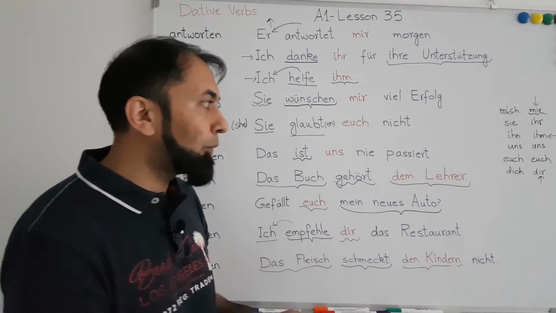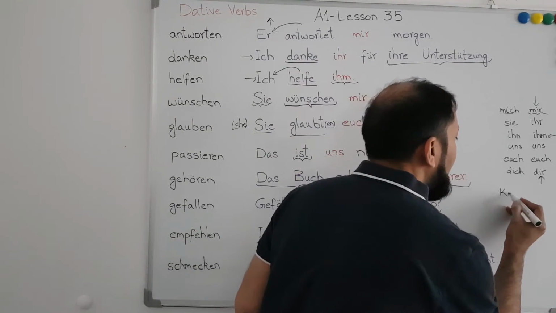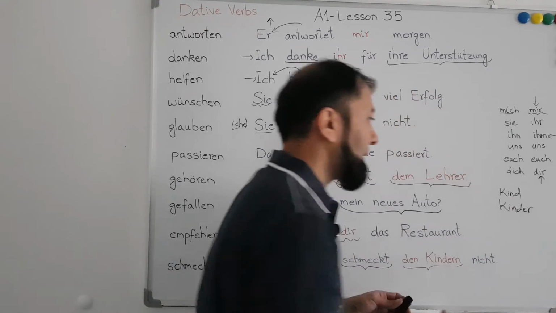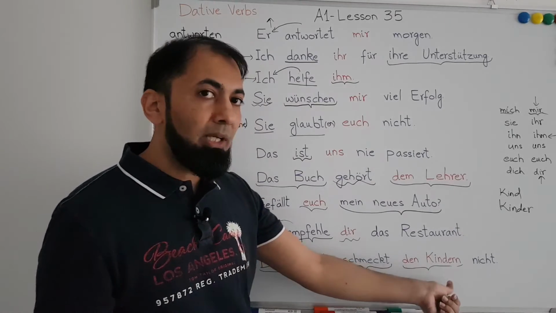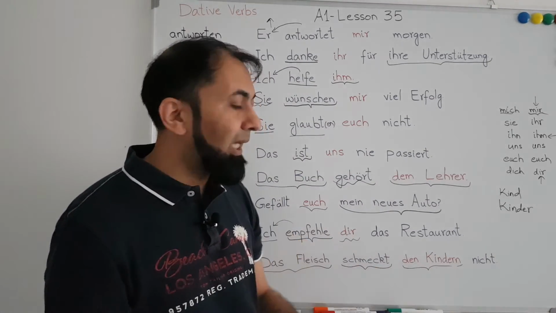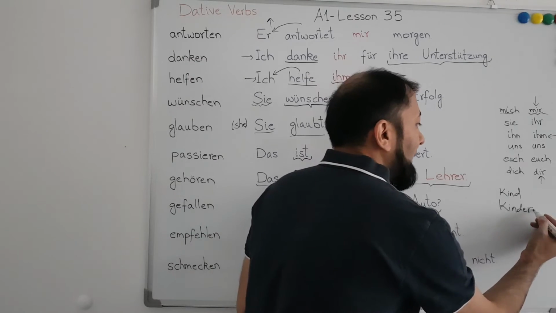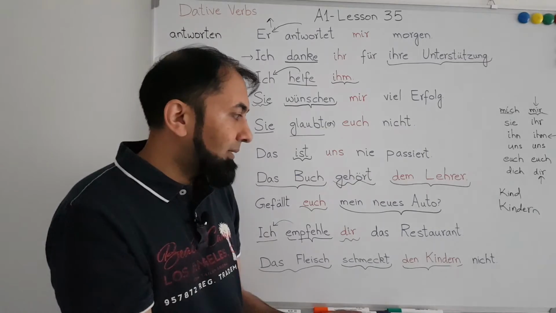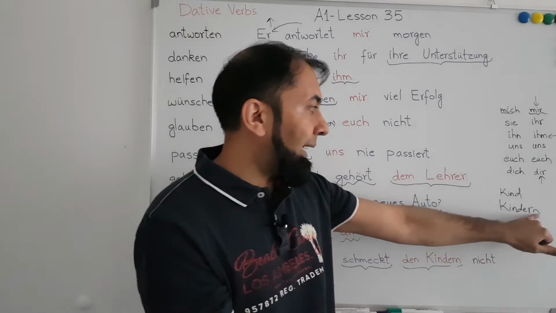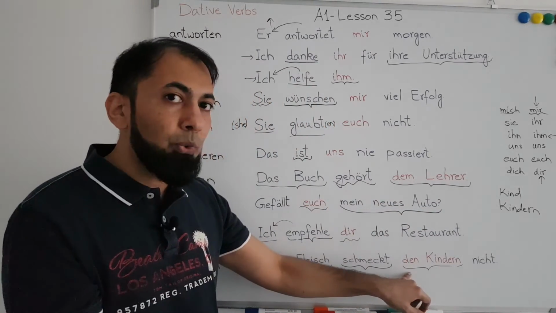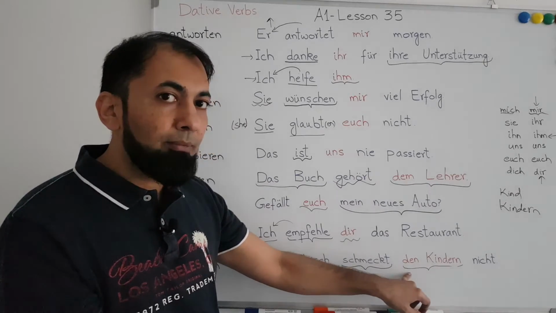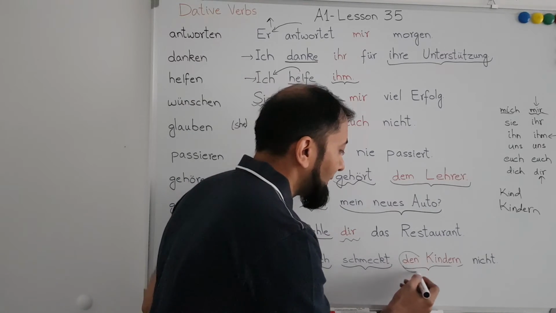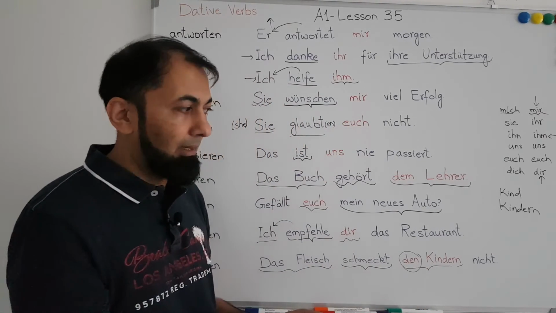Kinder is the plural of Kind, so Kind is singular and Kinder is plural, but since we are using this plural noun in dative case, we have to add an n at the end if the noun does not have an n already at the end. And here we have added n, and when we want to use the definite article in dative case for a plural noun, then we have to use den.